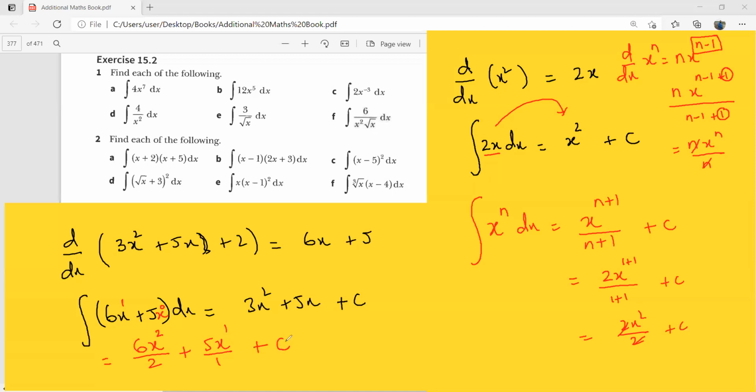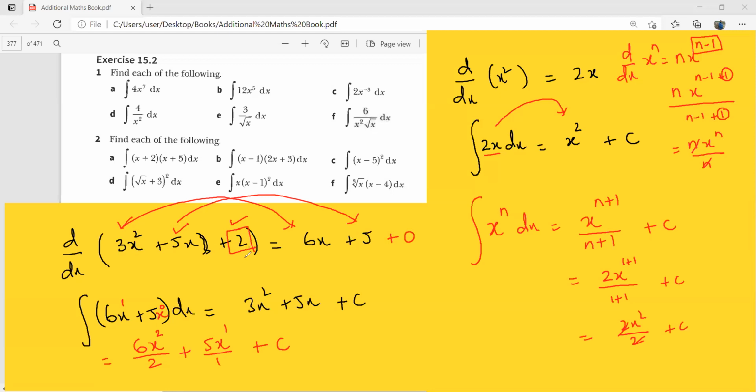I can tell you now why we have to write this plus c. Look at this: this 2 was eliminated during the differentiation. You had three terms: 3x square, 5x, and then plus 2. When you differentiated, the derivative of 3x square was 6x, the derivative of 5x was 5, and then there was a plus 0, which was the derivative of 2.